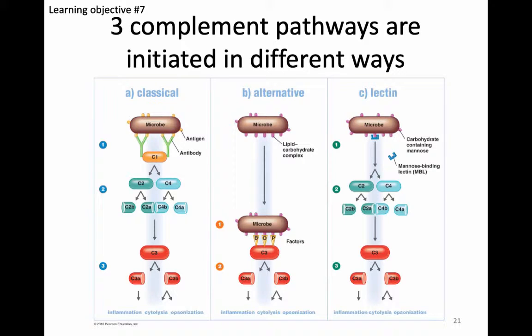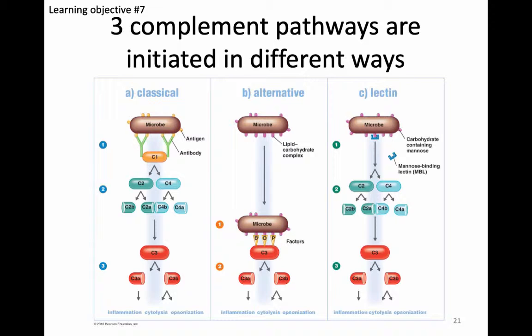Shown in this figure are the three ways that the complement pathways can be initiated. Complement pathways are orchestrated by several proteins that are produced by the liver and circulate throughout the host in the blood. These proteins are named C1 through C9.